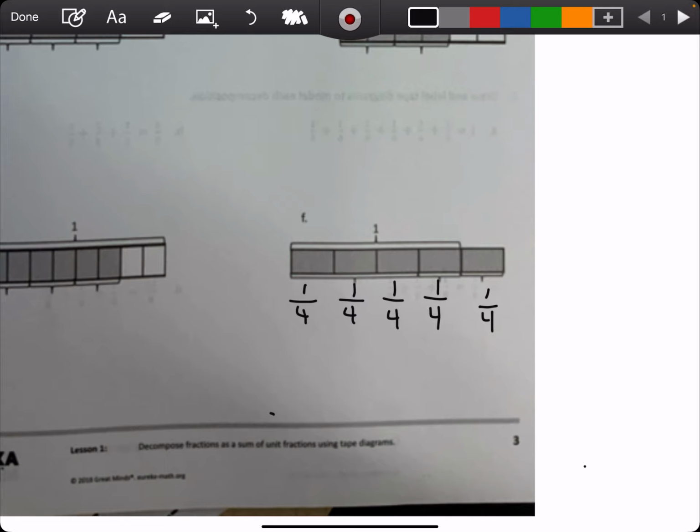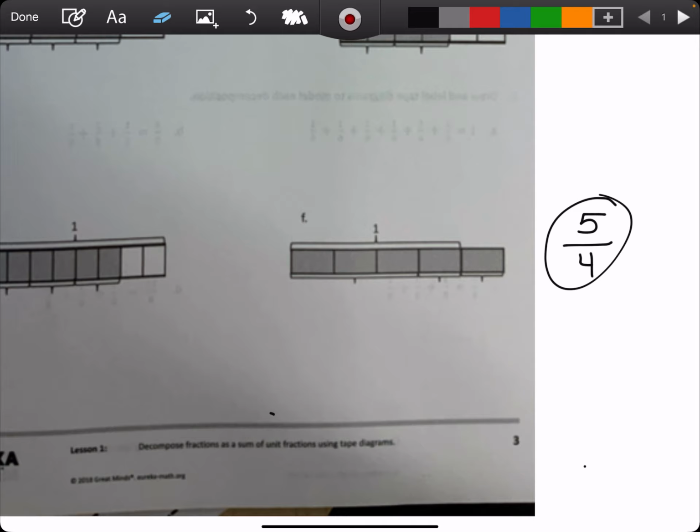All right? So I actually have a fraction that's greater than a whole, because I have 1, 2, 3, 4, 5. I have 5/4. That's the top of my number bond. Now, I'm going to have to erase because I want to be able to see it. What did I break up down here?